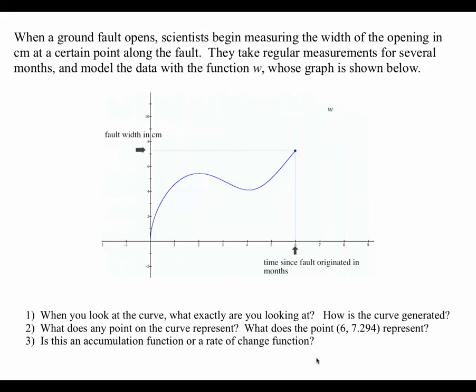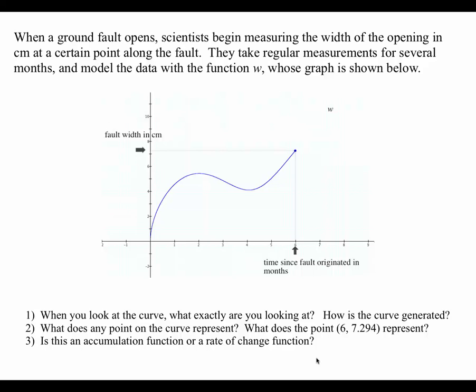Okay. What does the point 6, 7.294 represent? Someone? How about in the back corner back there? Tyson. It's like after 6 months, the width grows about 7 centimeters.